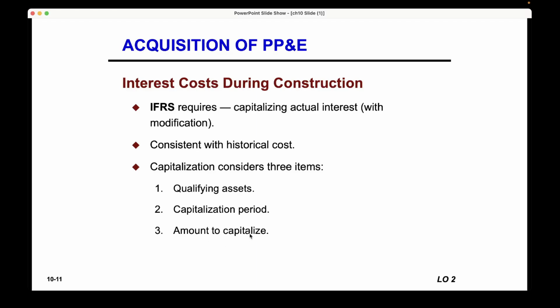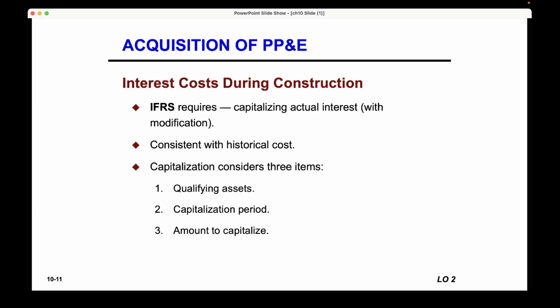Finally, the third one: we calculate the amount to capitalize. This involves determining the actual interest incurred during the period and applying a rate of interest to the expenditures made on the construction project. We need to be aware here that only the portion of interest that relates to the construction of the asset gets capitalized. By capitalizing interest, companies ensure that the cost of assets reflects all necessary expenditures incurred during the construction process.